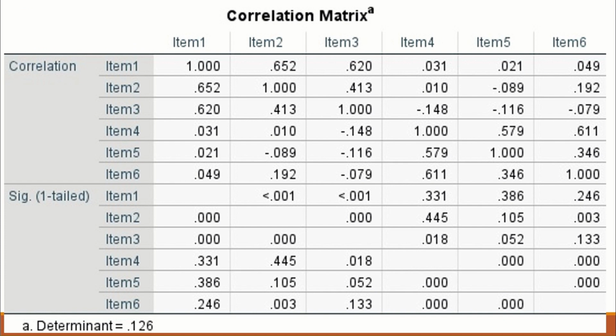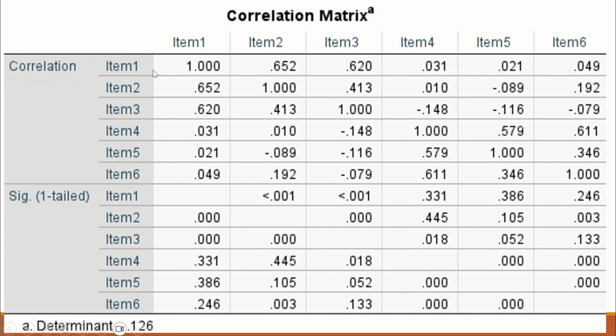So here is an output for the correlation matrix performed using EFA on 6 items, from item number 1 to 6. The top section is the pairwise correlation between items, and the bottom section is the significance level, and at the end here is the determinant.